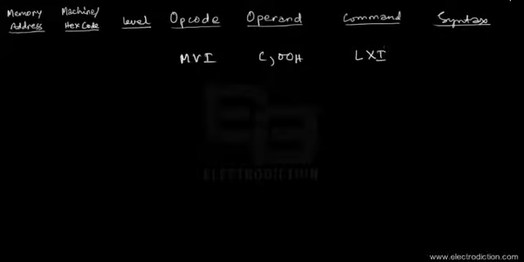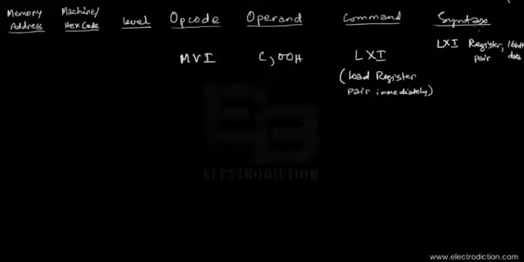Now this stands for load register pair immediately, and the syntax goes somewhat this way. We write LXI, then give the name of the register pair and then the 16-bit data which we are supposed to load into the register pair. What this instruction does is treat 2 registers as a pair, which helps us store 16-bit data using 2 8-bit registers.